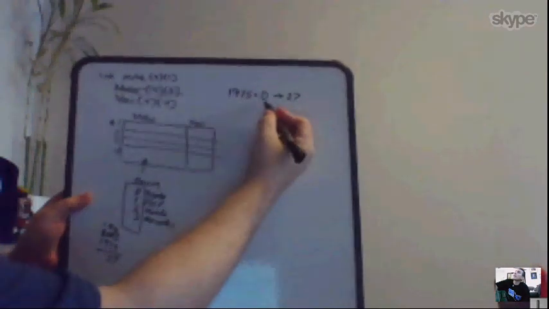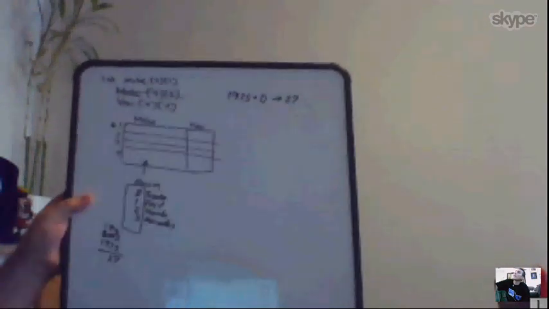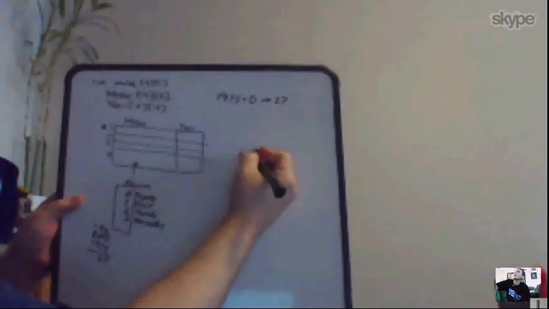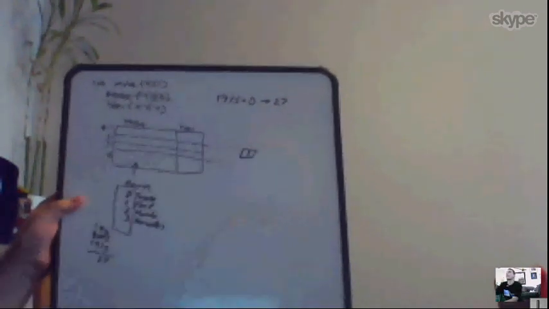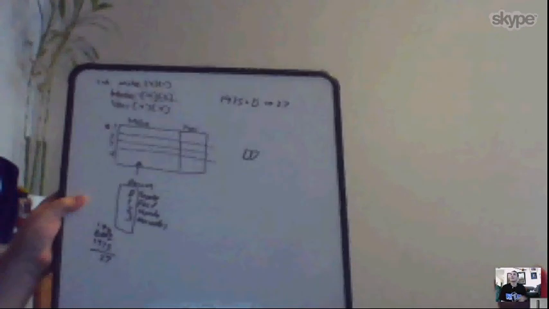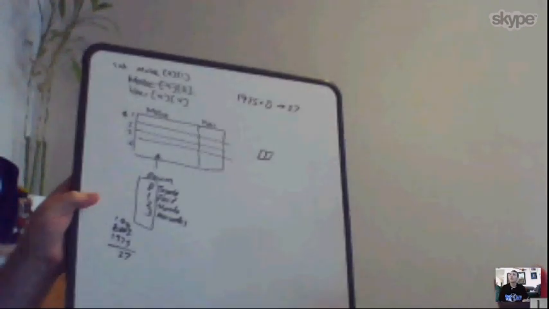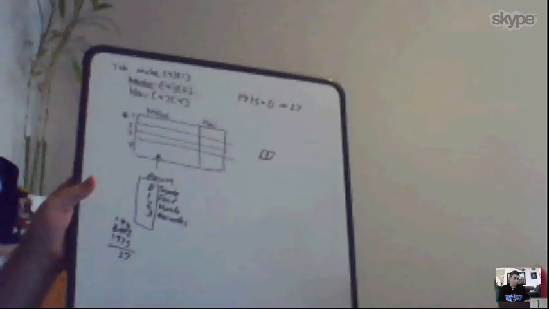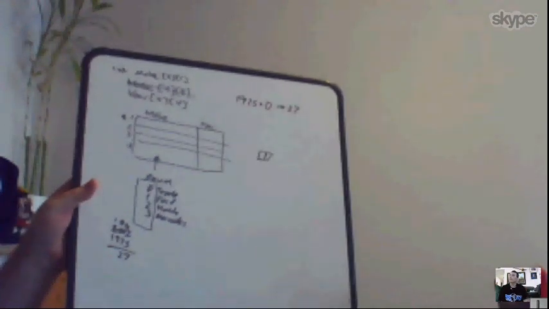So you just store the offset from 1975. That's good. So now your array is simply 2 bytes. Now we have to worry about 75 to 02. You just subtract it. That's very good.